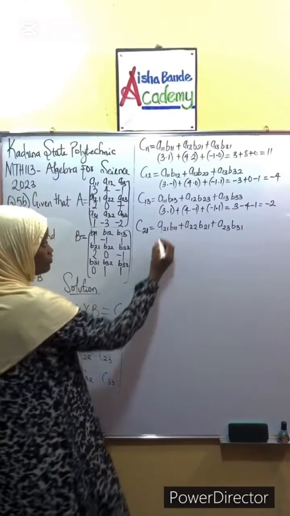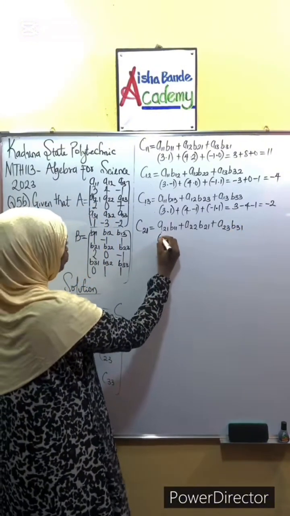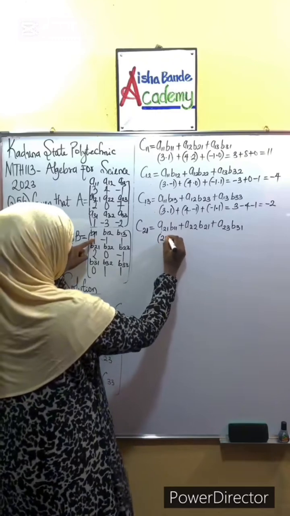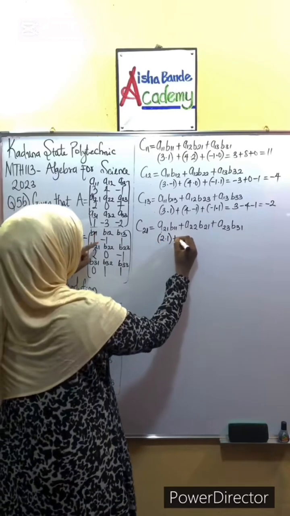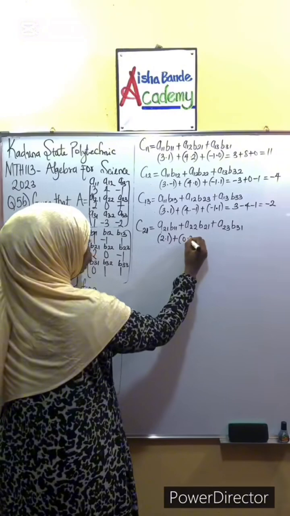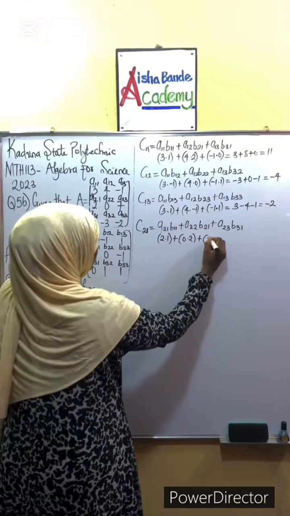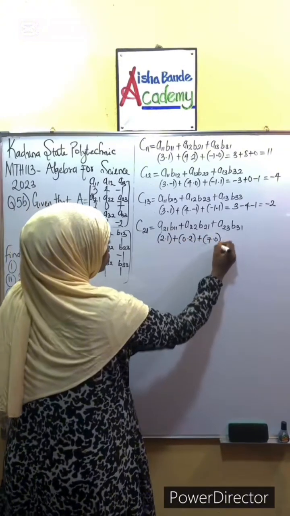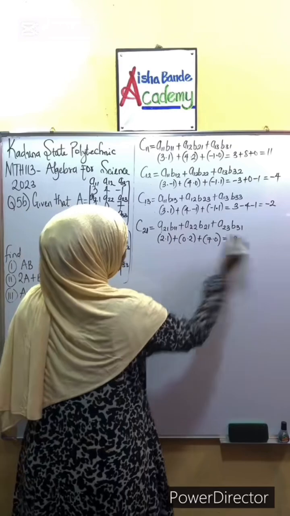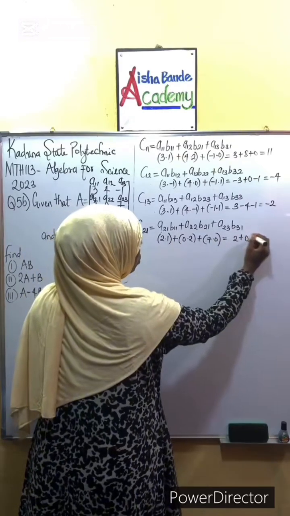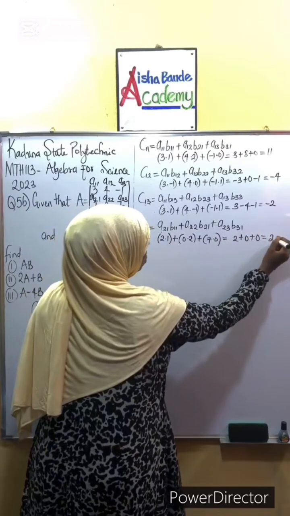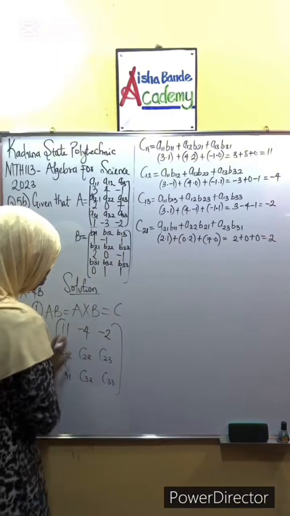So let's substitute the values here. A21, which is 2, multiplied by B11, 1, plus 0 multiplied by 2, plus 7 multiplied by 0. So here we have 2 times 1 is 2, plus 0, plus 0. So this is equal to 2. So that means our C21 is 2.